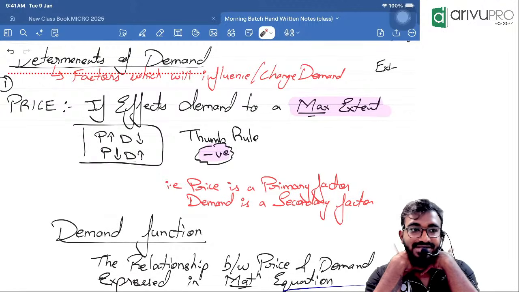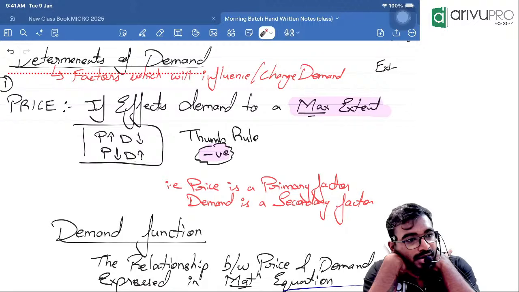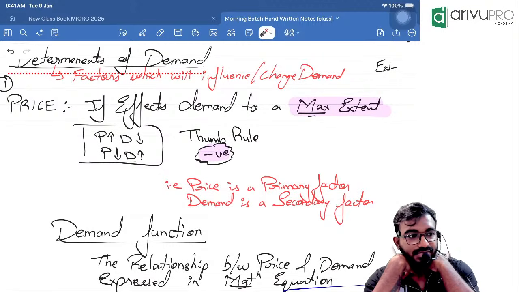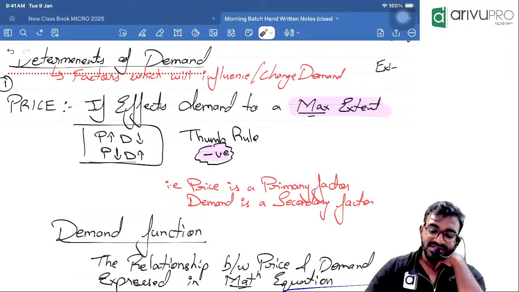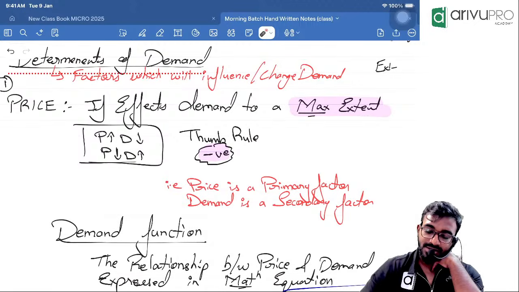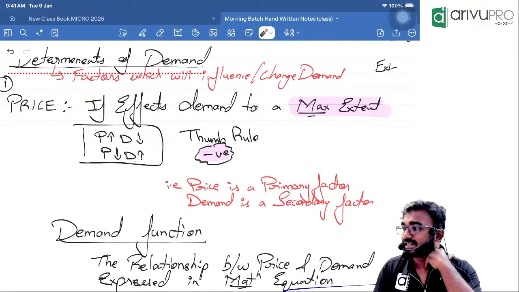Point number 1, price. Write down: it is the most important factor which affects demand to the maximum extent.